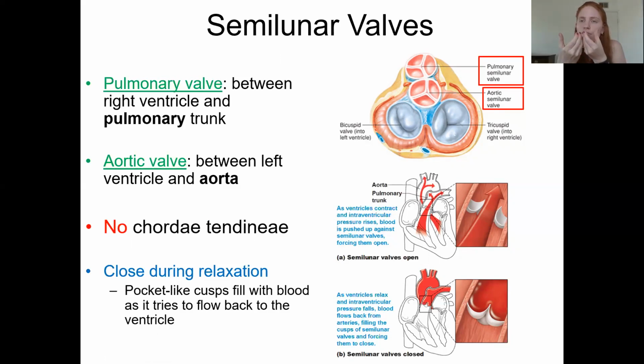But when the ventricles relax, the blood is going to try to come back into the ventricles. And instead what's going to happen is it's going to fill up those little cusps, those little crescent moons, upside down parachutes, and that's what closes the valves. So the AV valves close when the ventricles contract, and the semilunar valves close when the ventricles relax.